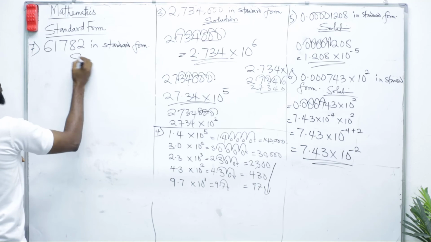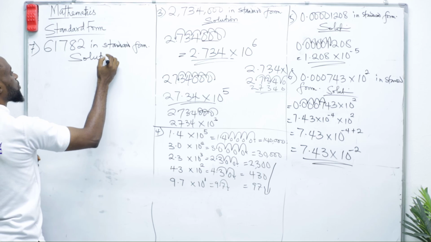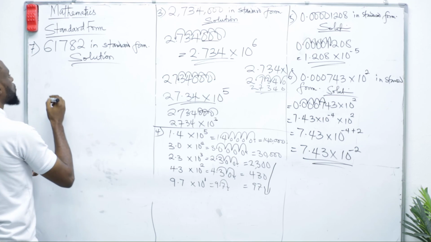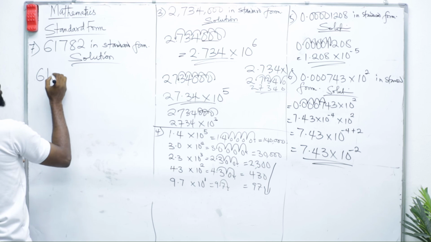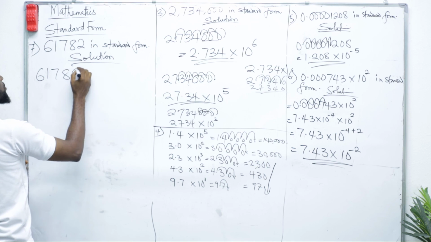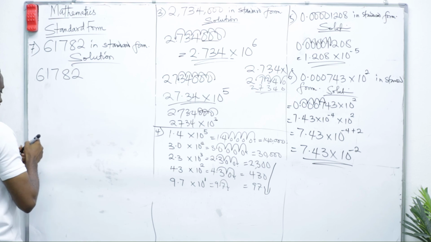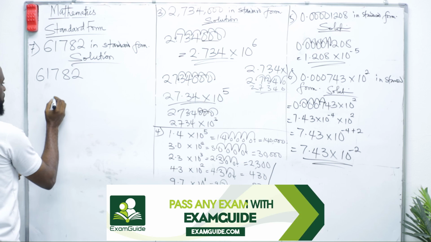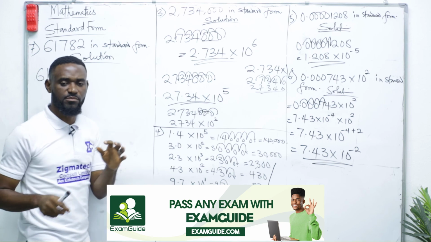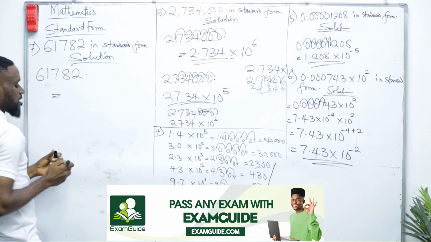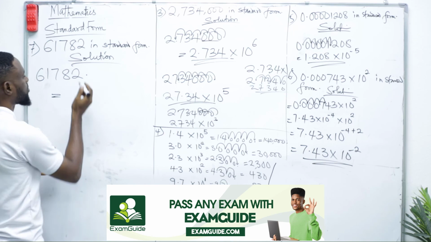Solution. So we have 61782 in standard form. Remember, for a real number like this, that is not a decimal number, there is an invisible decimal point here. So we're moving this decimal point backward.